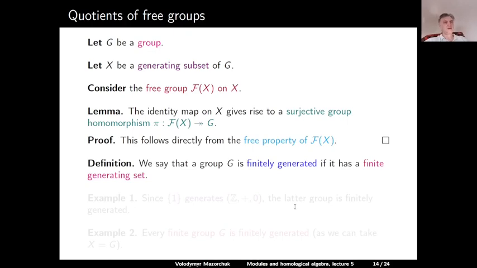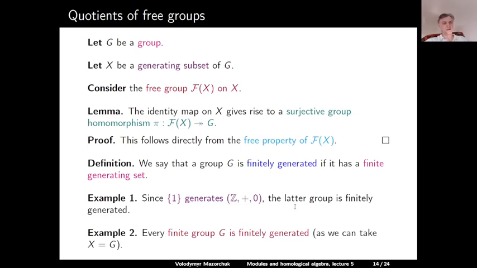And we say that the group G is finitely generated if it has a finite generating set. So for example, the additive group of all integers is finitely generated because it's generated by the singleton set 1. And every finite group is finitely generated because we can take as generators the whole group.